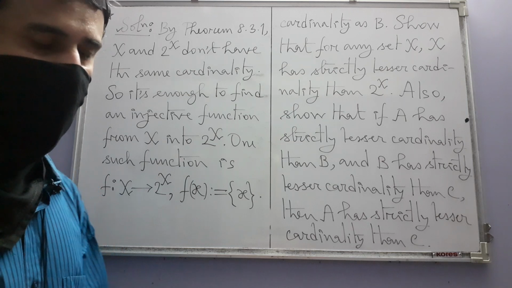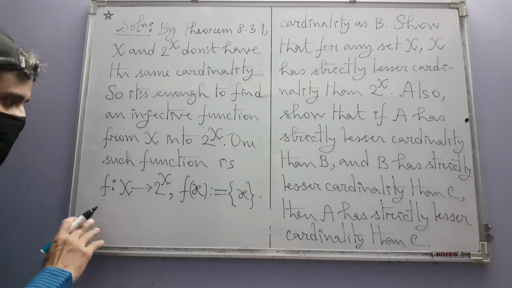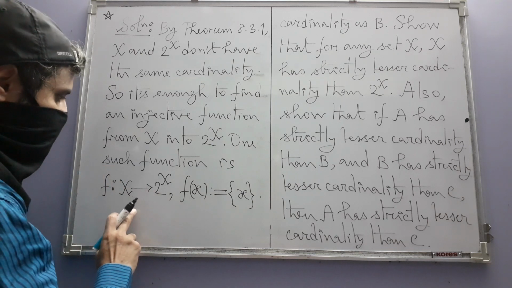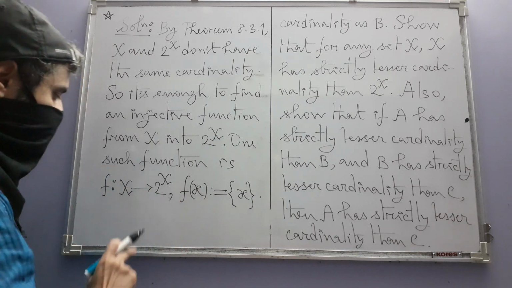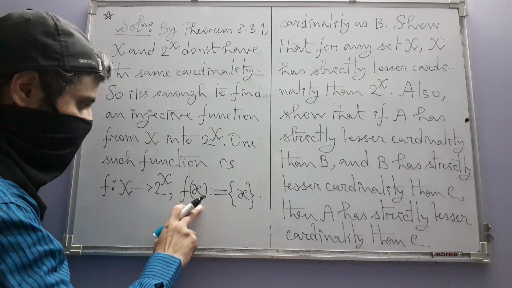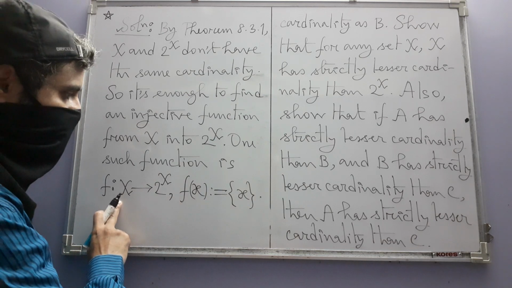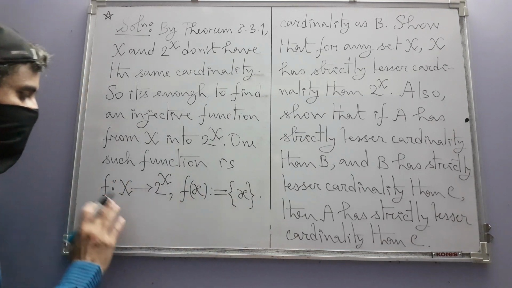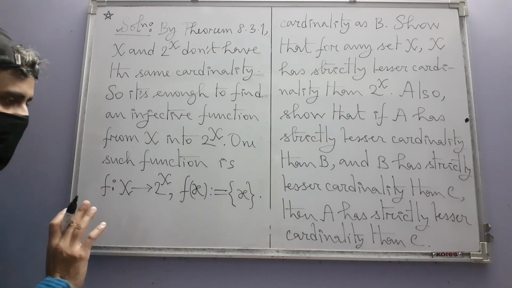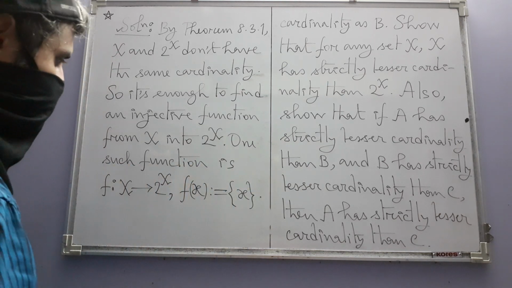It's absolutely straightforward to verify this, but still let me just do it orally. Is this function well defined? For any element x in X, we are getting a unique subset of X, a singleton set, but that's a unique subset of X. So yes, this function is well defined and this output belongs to the range.